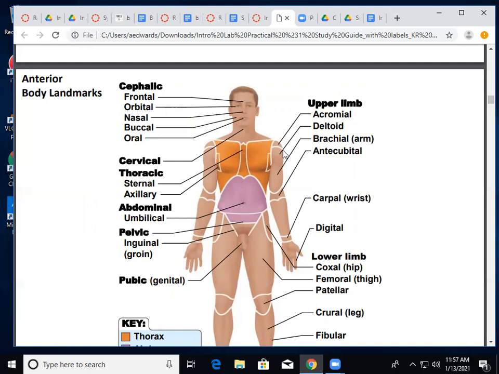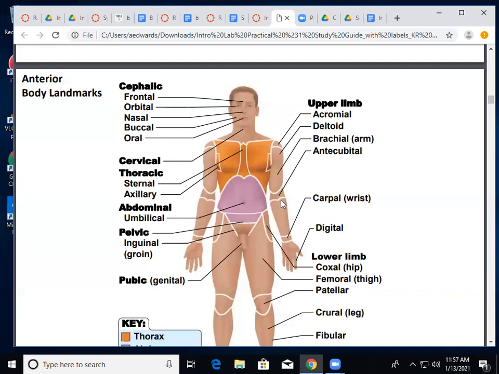In the upper limb, you have the acromial region. When we get to the skeletal system, you'll know that's actually part of the scapula. Acromial or deltoid region here. There's a muscle called the deltoid that attaches around there. Brachial for arm.